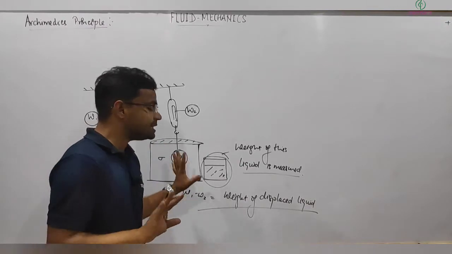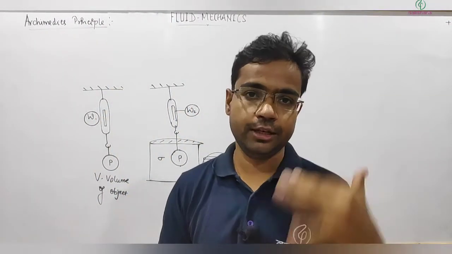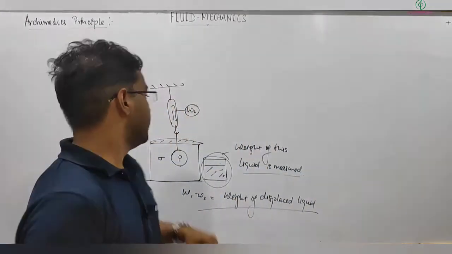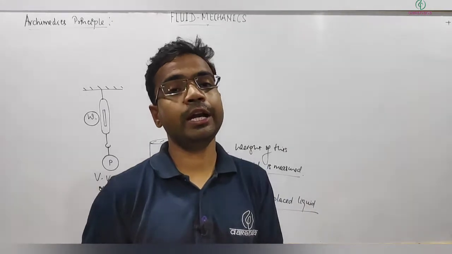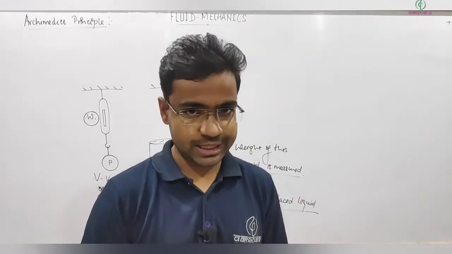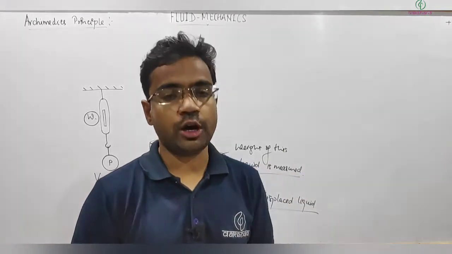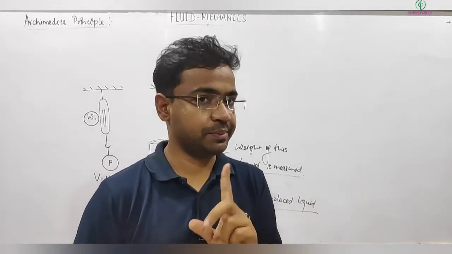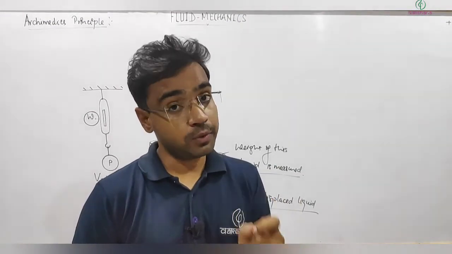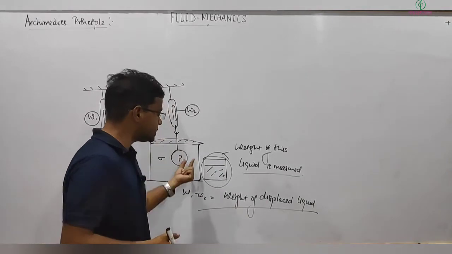So the principle from here is that Archimedes for the first time observed and stated that when an object is submerged in a liquid partially or completely, the liquid applies a force on the object in the upward direction. That force is called buoyancy force, and the force is equal to the weight of displaced liquid.